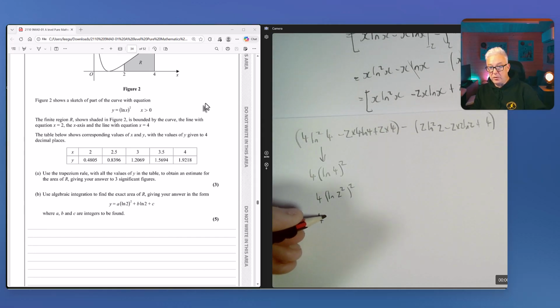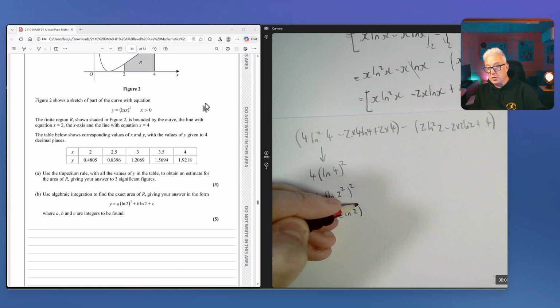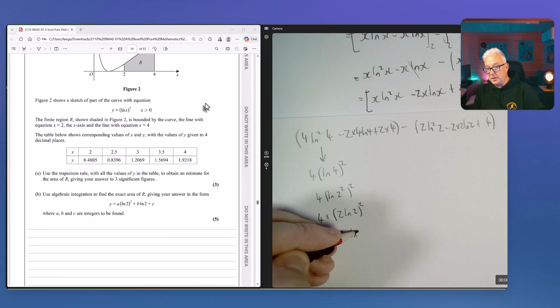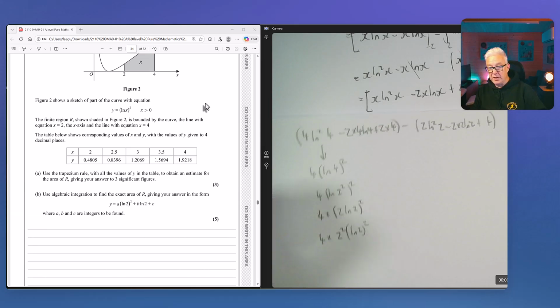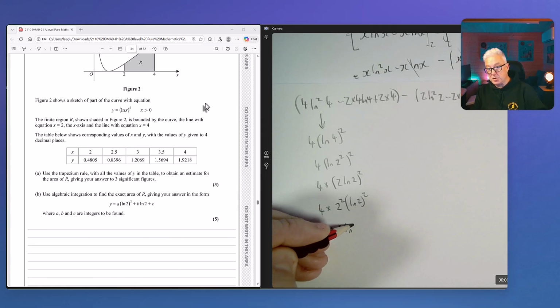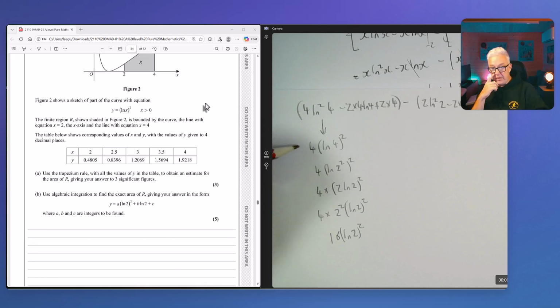So I'm going to have 4 times 2 ln2 squared, which is going to be 4 times 2 squared times ln2 squared, which is going to be 4 times 4, so that is actually going to be 16 ln2 squared. Okay, so really, be very, very careful there.